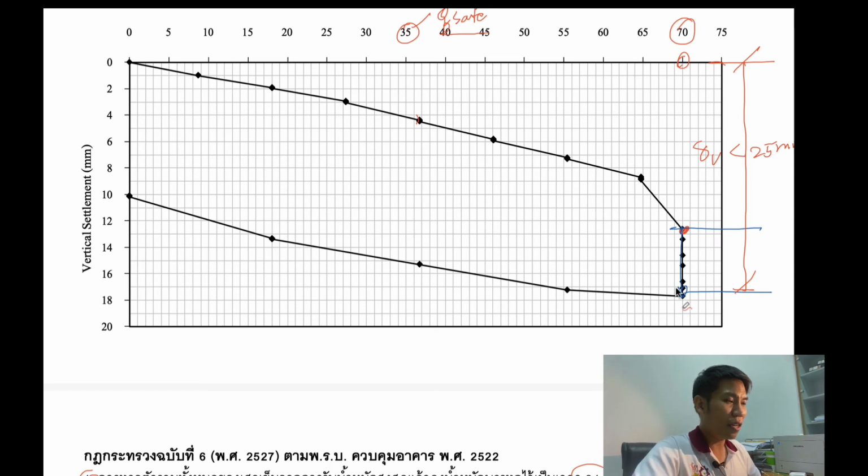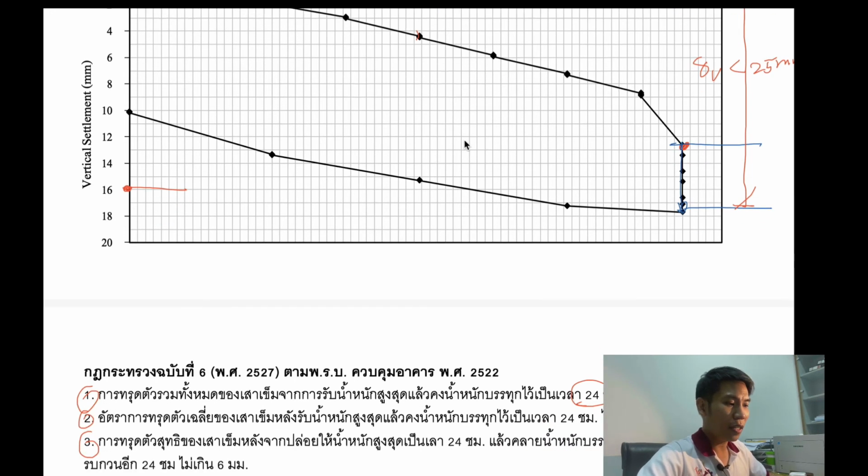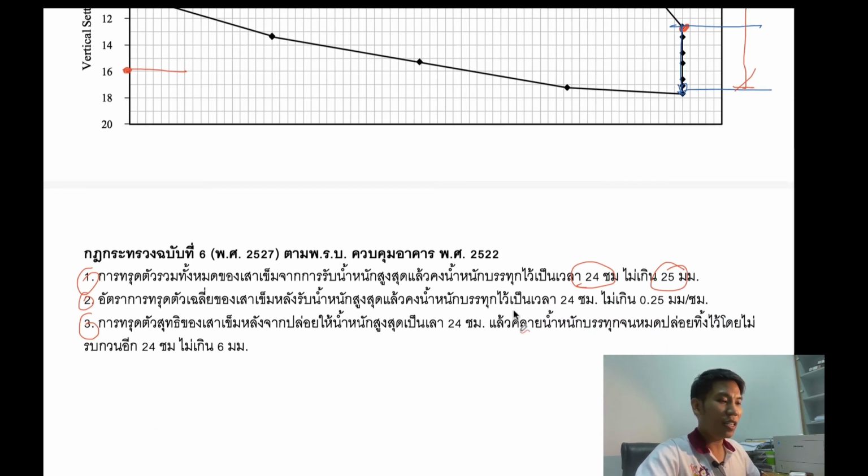This is okay for this pile test. The final settlement is about 16. So that means according to the first regulation, or the first criteria, this pile load test is passed.